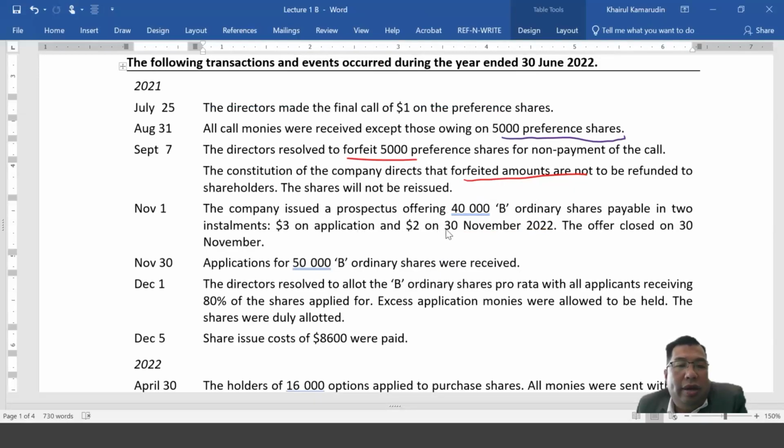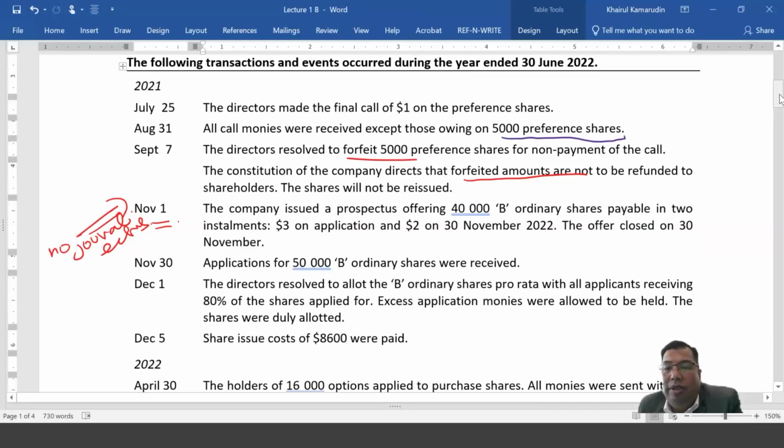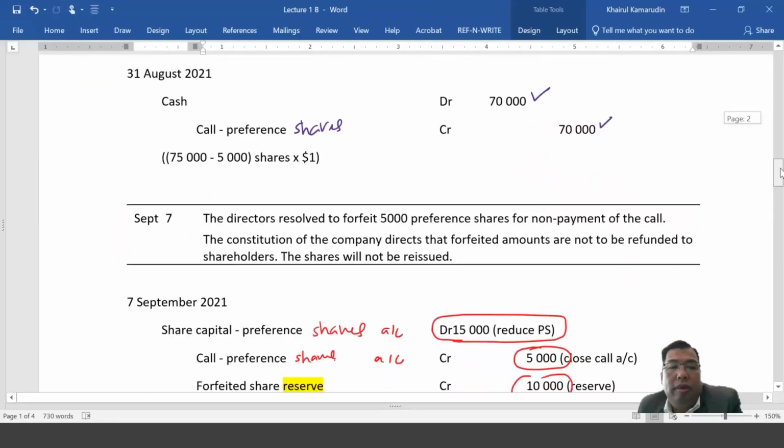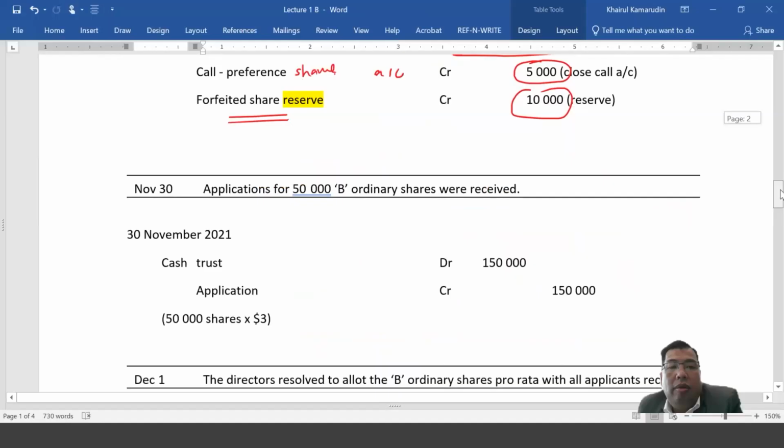So on this date, November 1st, no journal entry. We don't receive any money, we don't receive any application. So no journal entry on November 1st. Are you okay with that?